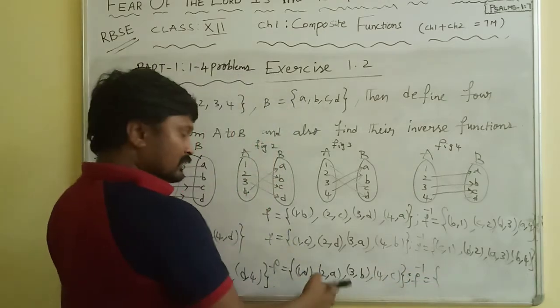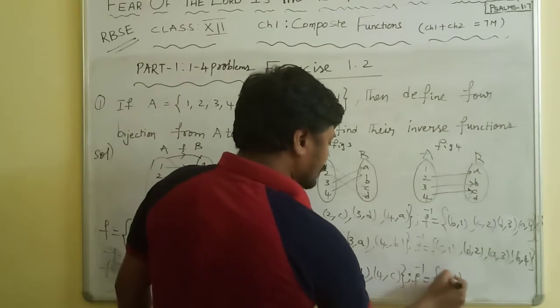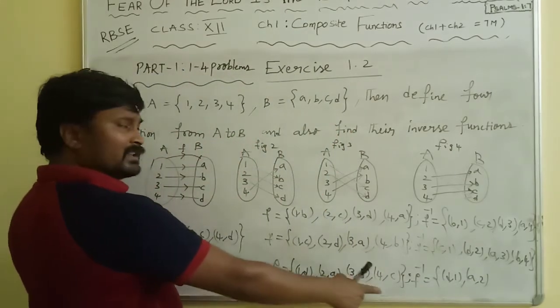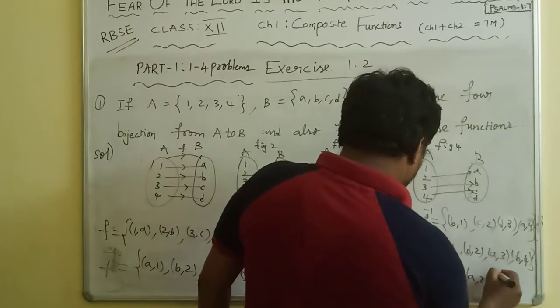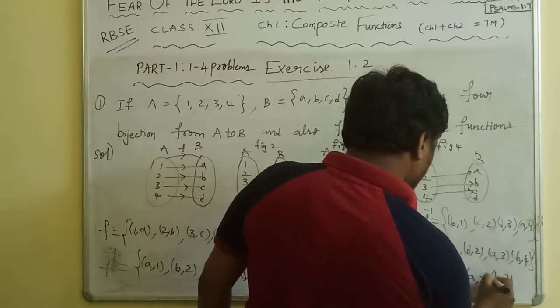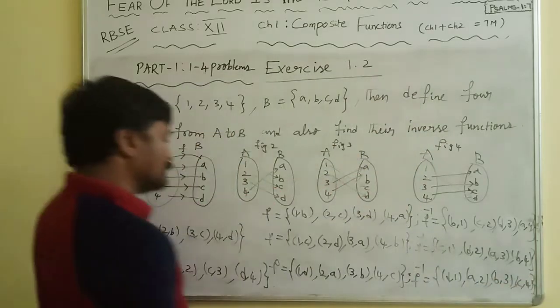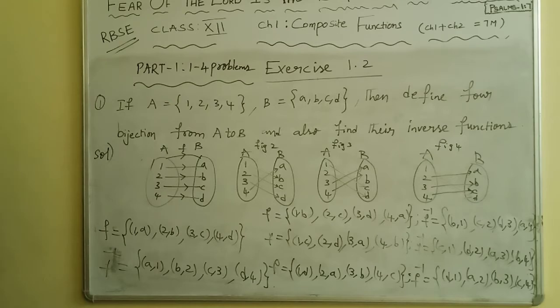(D, 1), (A, 2), (B, 3), (C, 4). So this is about your first question. I hope you all understood. Let's move on to the next question.